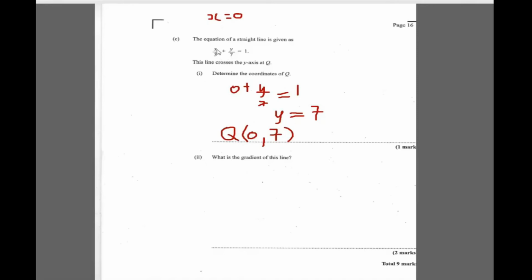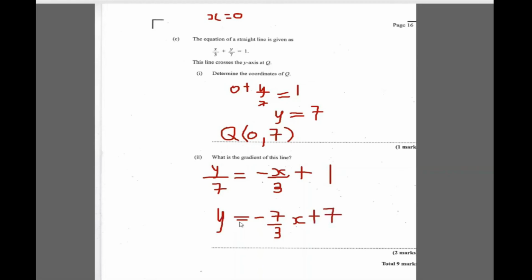So first thing I'll do is bring over the x/3 to say y/7 is equal to minus x/3 plus 1. Then I multiply through by 7 to say that y is equal to minus 7/3 x plus 7, and that is the standard form of the equation.